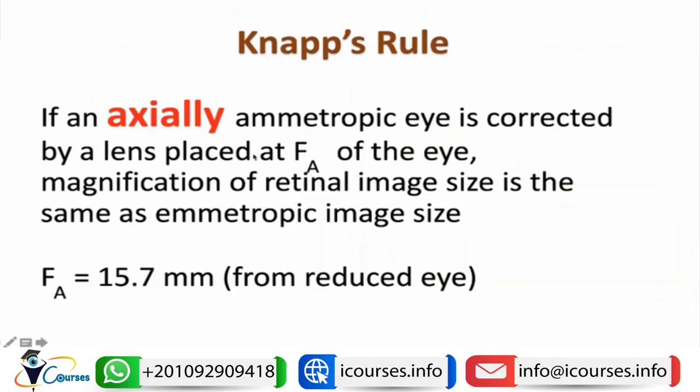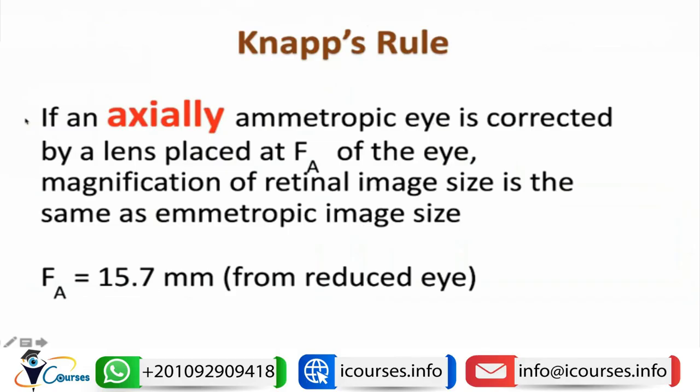So, for example, if we have a myopia or hypermetropia that is corrected by glasses placed in the anterior focal point, which is 15.7 millimeters in front of the eye, then we will not have a problem because the retinal image size will be the same as the emmetropic image size. So the patient will not develop different retinal image sizes, and will be very comfortable with this.